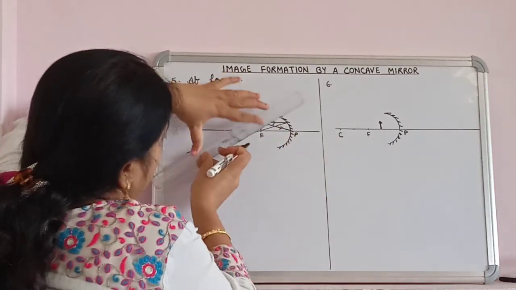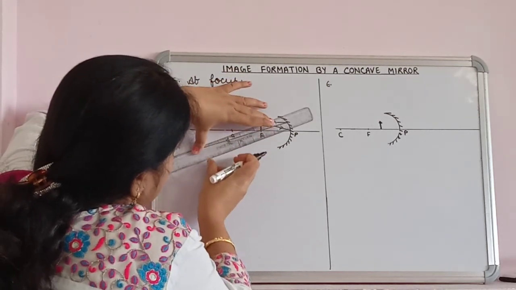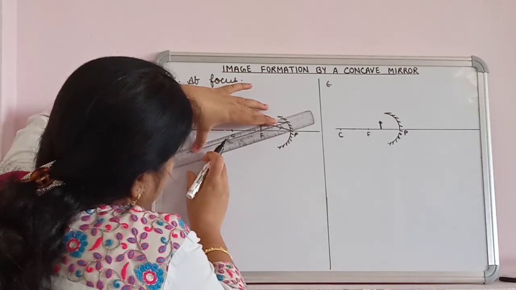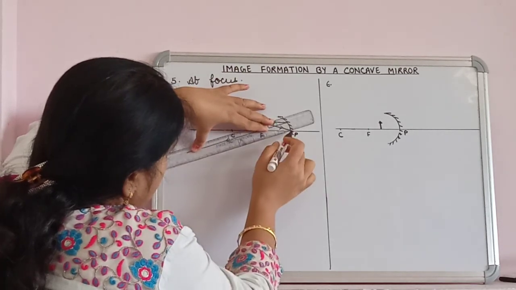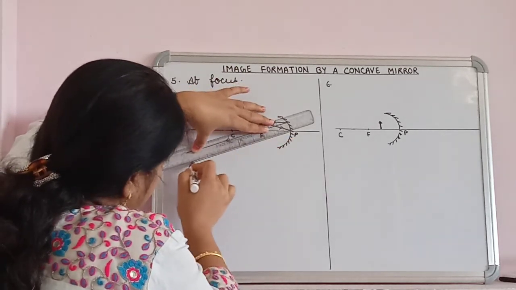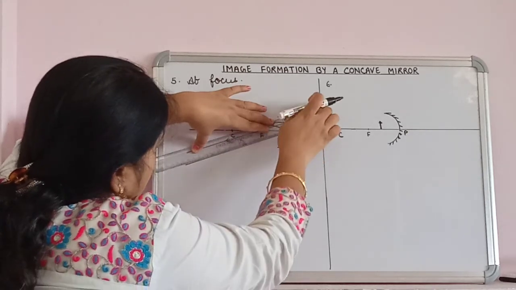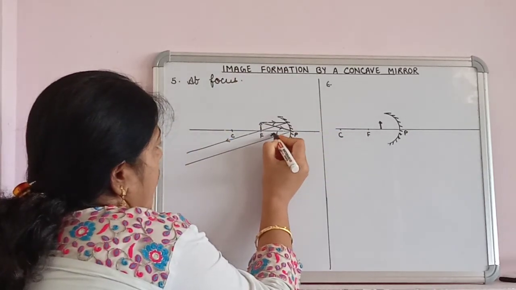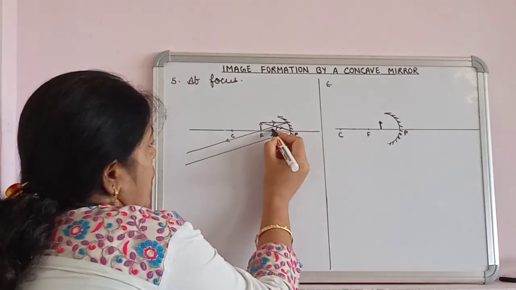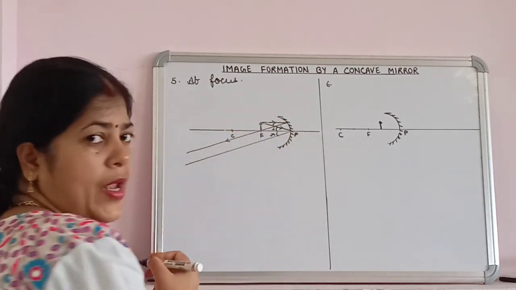So, we will see that the ray of light will reflect in this way so that the angle made here, that is the angle of reflection, is equal to the angle of incidence made here.